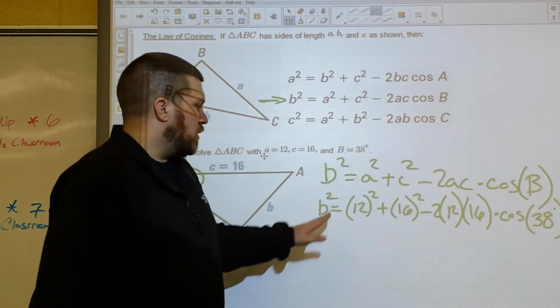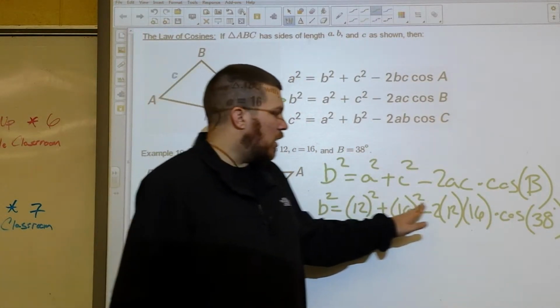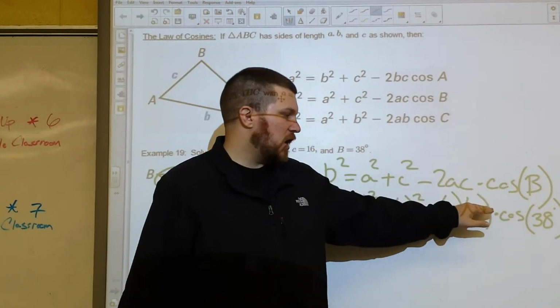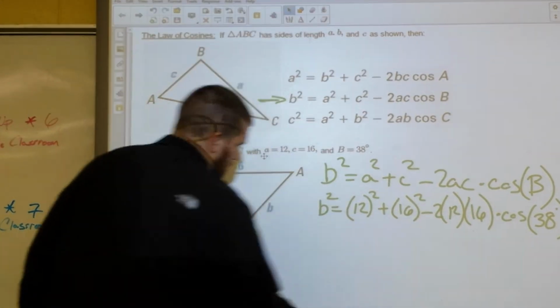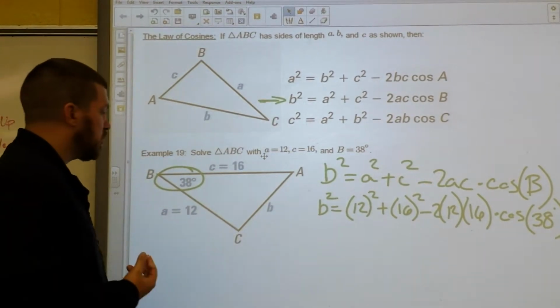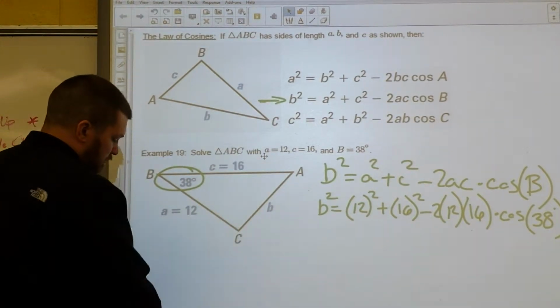Essentially what I can do is type all of this in my calculator if I'm very careful and include the parentheses, and I'll know what B squared is. As soon as I know B squared, I'm just going to take the square root to find side B.